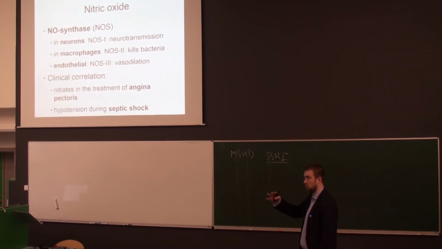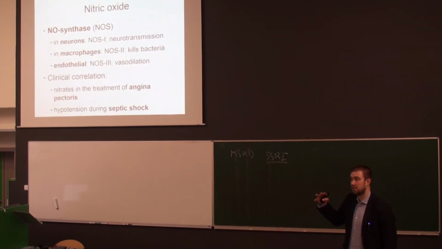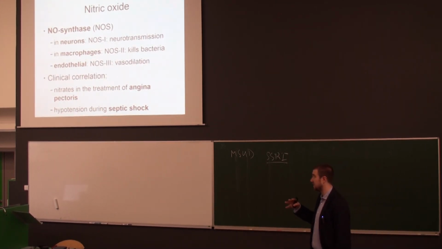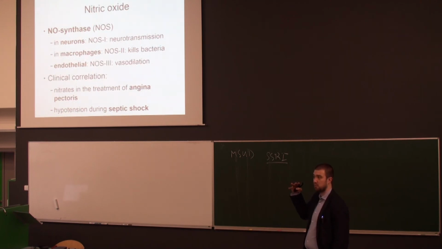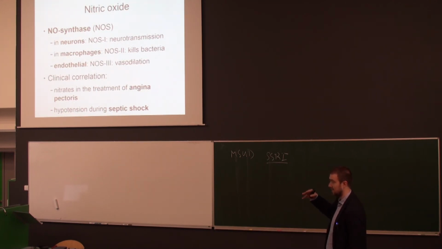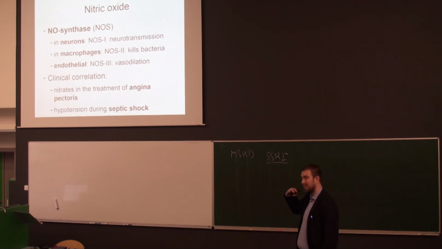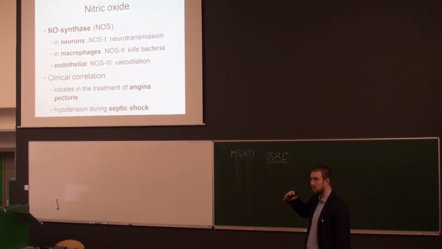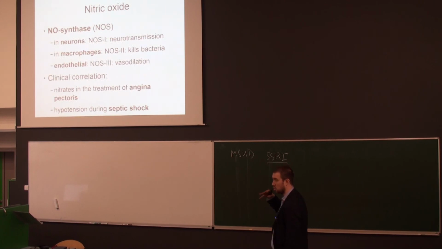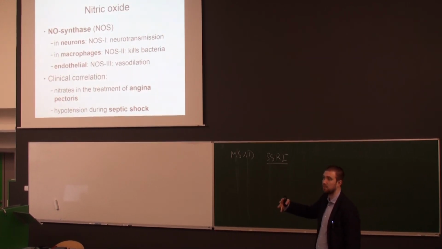And when you go to the hospital, to the intensive care units, you will see that sometimes for the doctors it's almost impossible, even when they use very high doses of vasopressors, that means drugs that increase the blood pressure, to keep some normal blood pressure in these patients. Simply the effect of nitric oxide is so strong that it's almost impossible to overwhelm it if you have really severe septic shock.